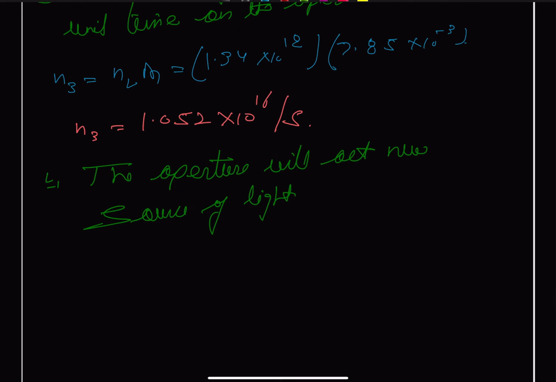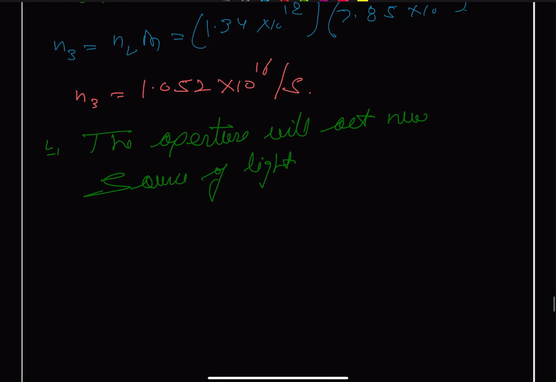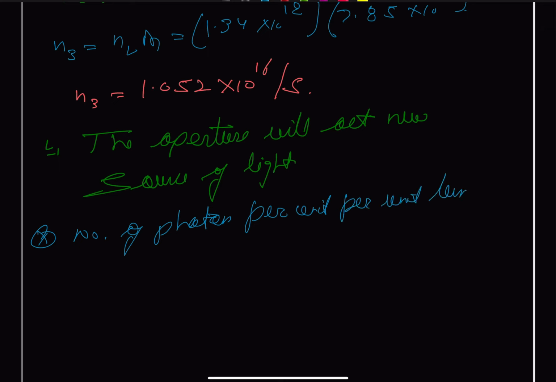Therefore we can say that number of photons incident per unit area per unit time with respect to detector.